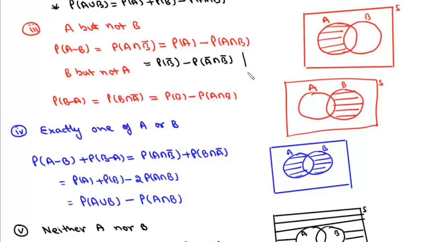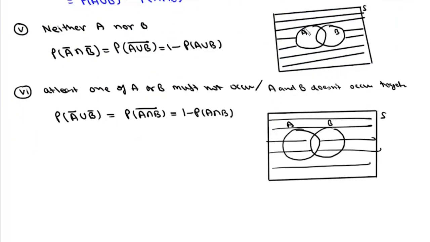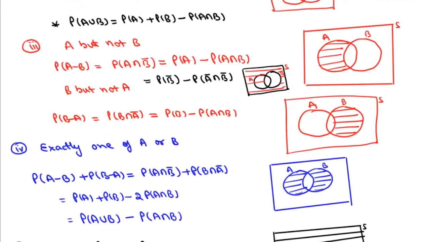Now if we look at this B naught, then B naught is this entire region, and that's our sample space S. This is event A and event B. And if we look at A naught intersection B naught, it is the region which lies outside of A and B. So from this we are subtracting this region which is outside of A and B. That means we are left with only this region which is same as A intersection B naught.